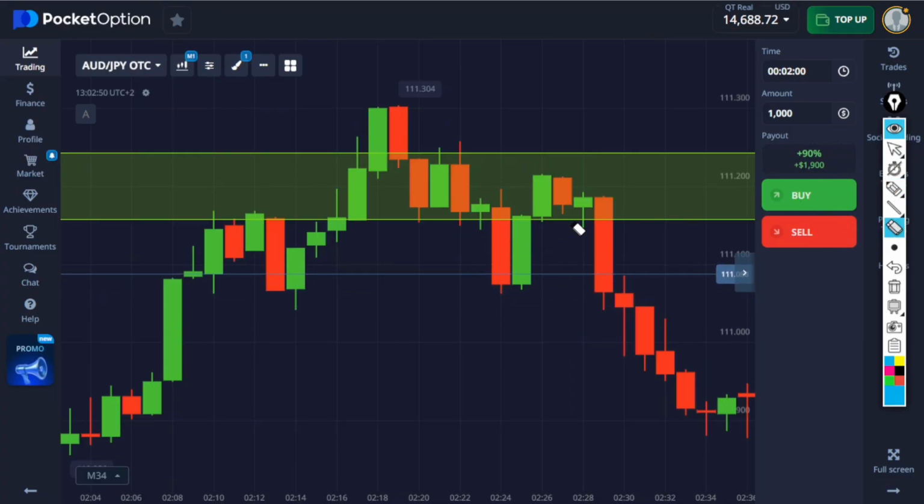But had you opened a 4 or 5 minute sell position, the trade would have closed on one of these 2 candles here, and the trade would have been a loss. So if you look at the bigger picture, once again, it was a 50-50 shot. But your trade duration here would determine whether you won the trade or not.